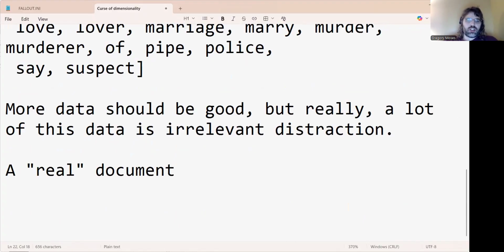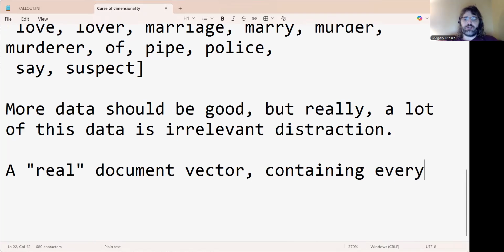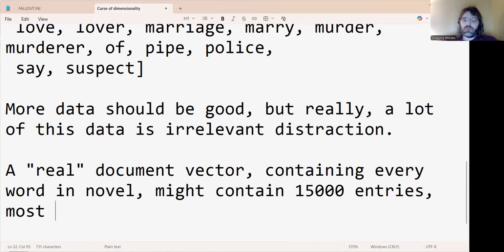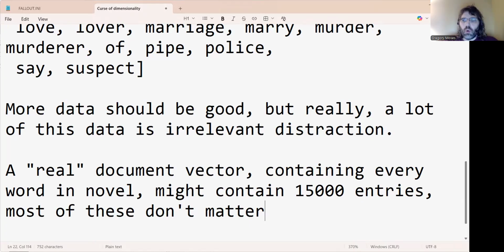And then a real document vector, containing every word in the novel, might contain 15,000 entries, and most of those entries don't matter. They are distracting. They are noise.